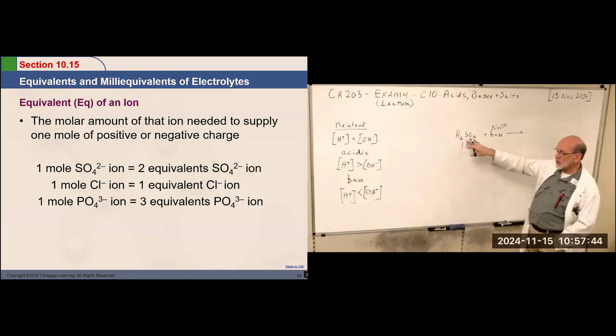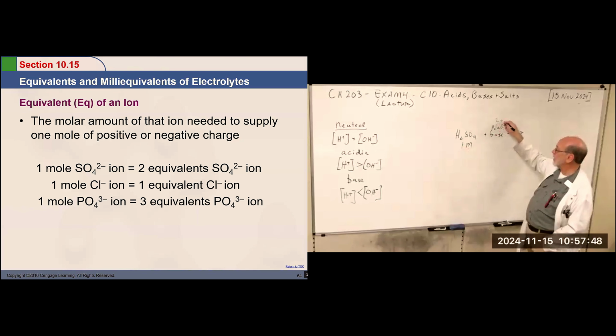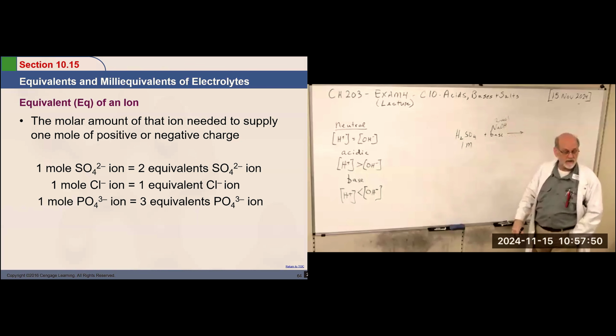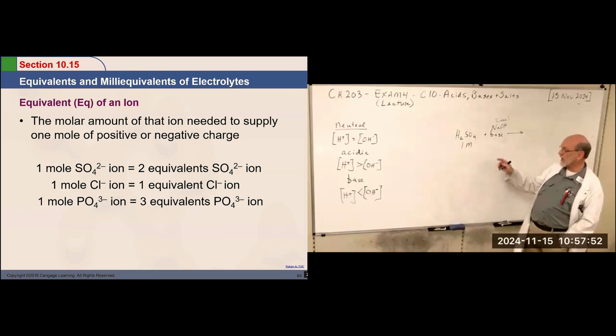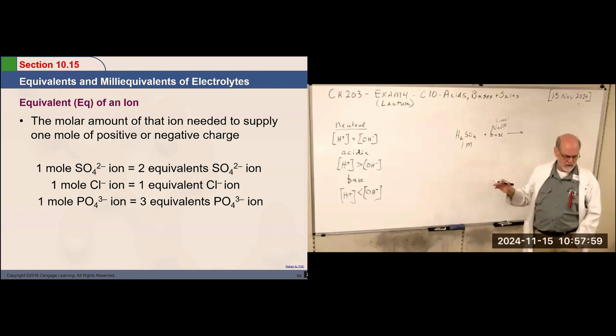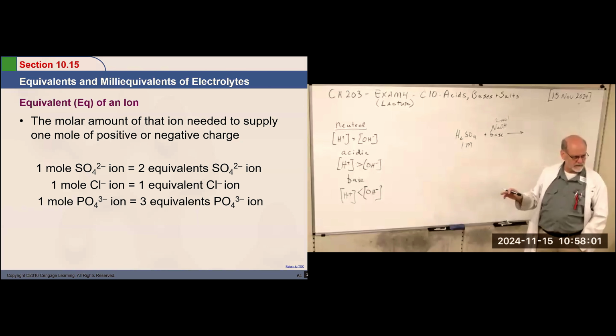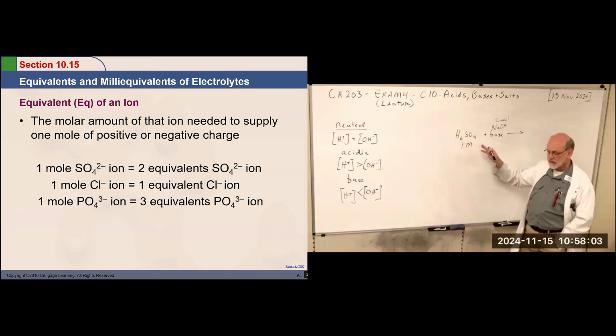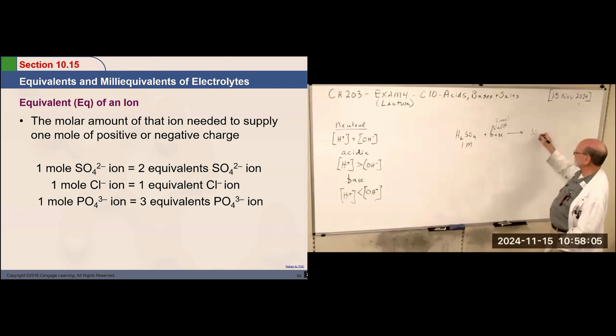So for every 1 mole of sulfuric acid, it can neutralize 2 moles of sodium hydroxide, right? 1 hydrogen goes to 1 hydroxide, the other hydrogen goes to the other hydroxide. Remember, hydroxide is a very strong conjugate base. It'll strip off both hydrogens and produce 2 sodiums, 1 sulfate.